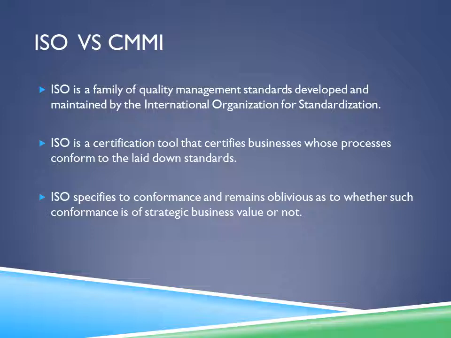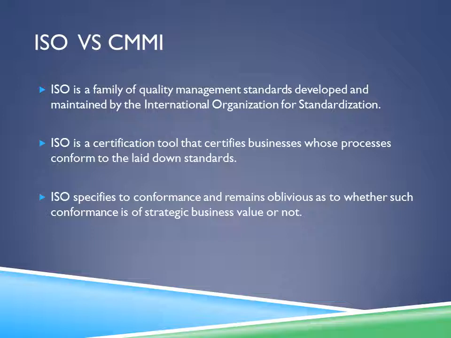ISO versus CMMI. ISO is a family of quality management standards developed and maintained by the International Organization for Standardization. ISO 9001, for instance, relates to standards in the supply chain, and ISO 14000 relates to environment-related standards. ISO specifications change with time.